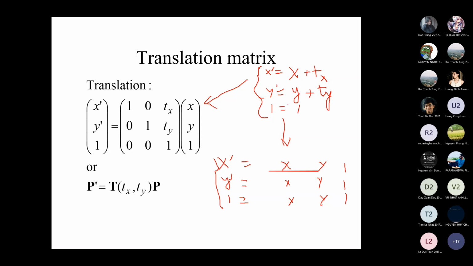So after that, we fill in the coordinates. Here is 1, and plus, here's no y, so here's 0, and here's... One is no, I was wrong. It's y, and plus the tx.